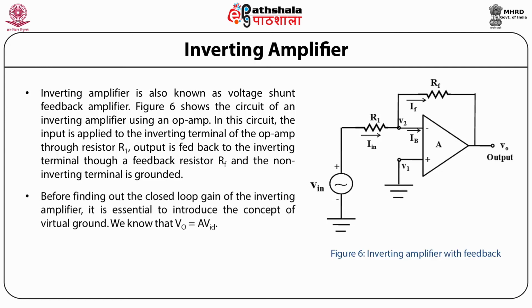Now, before finding out the closed loop gain of the inverting amplifier, it is essential to introduce the concept of virtual ground. We know that V0 is equal to A times VID.